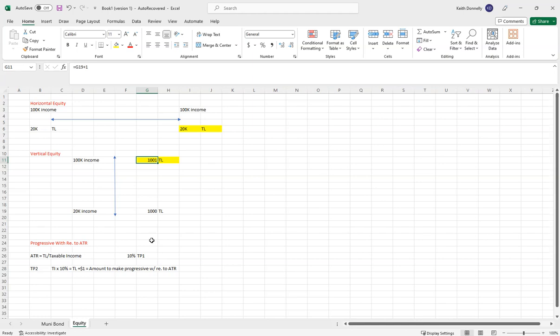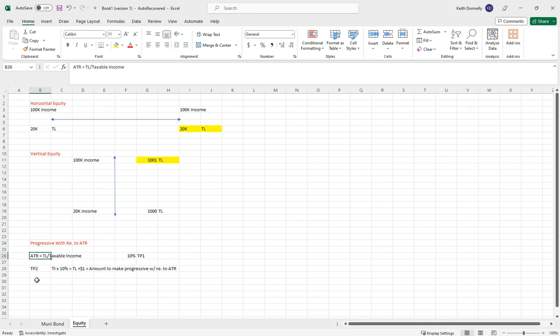Finally, as a closing point, again, remember, all of these terms are not mutually exclusive. They may ask you things like, hey, how is this system progressive with regard to the average tax rate? Well, we said progressive is where, as you go up the graduated tax rates, the tax rate is going to increase.